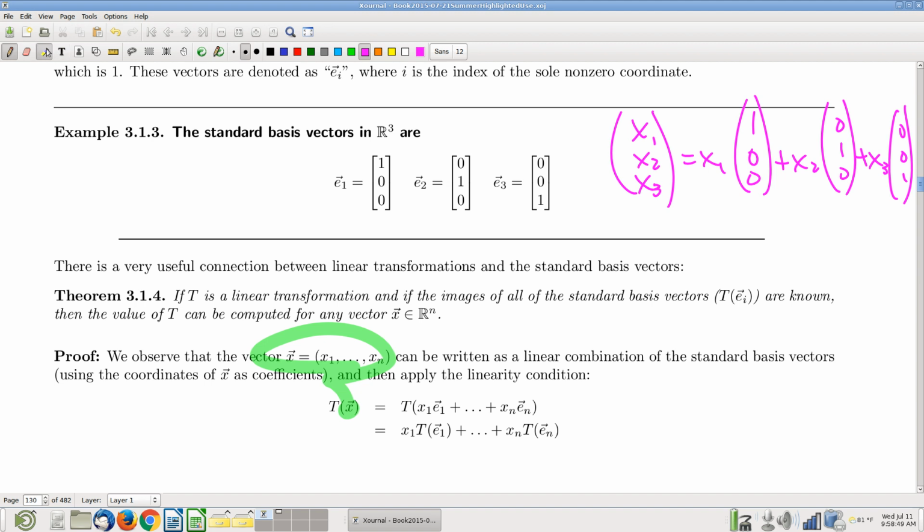A vector is always a linear combination of the standard basis vectors, and the coordinates of the vector are the coefficients in that linear combination. This is just multiply it out. Easy to confirm this works. Every vector is a linear combination of the standard basis vectors with its coordinates as coefficients in that linear combination. Y'all remember this fact? Okay. So that means this vector x I can rewrite as a linear combination of the standard basis vectors.